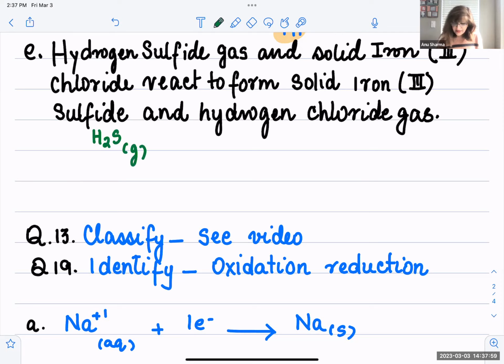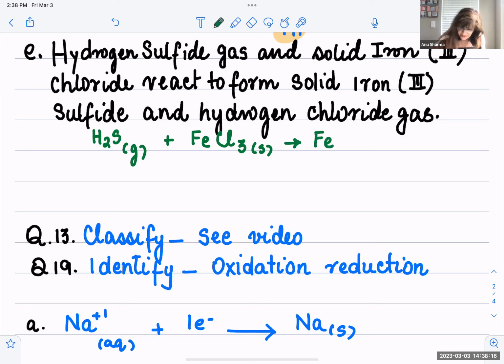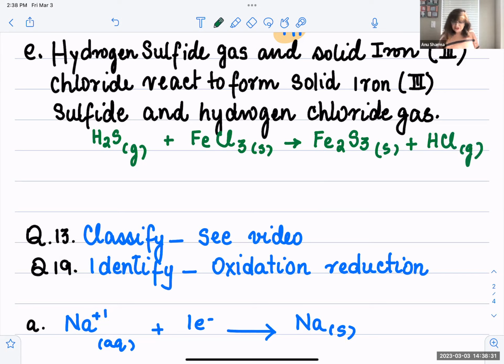Okay, and solid iron 3 chloride, FeCl3, a solid, s, react to form solid iron 3 sulfide, Fe2S3, and this is solid, okay? And hydrogen chloride as a gas, HCl as a gas, okay? So this is your reaction with the phases also.